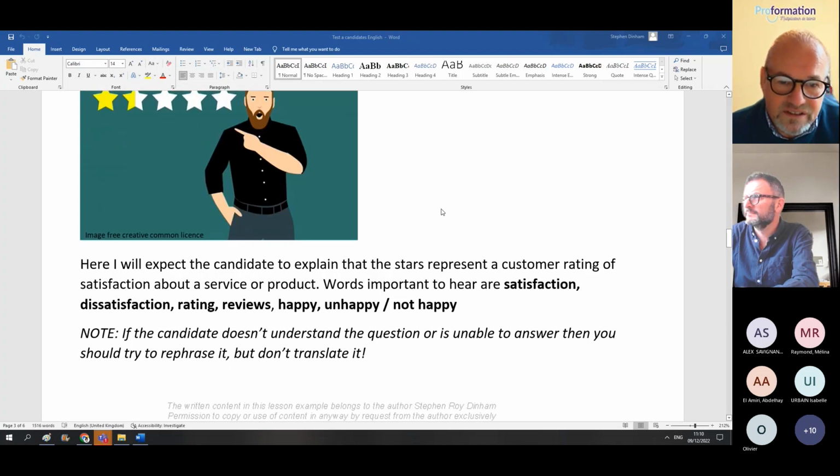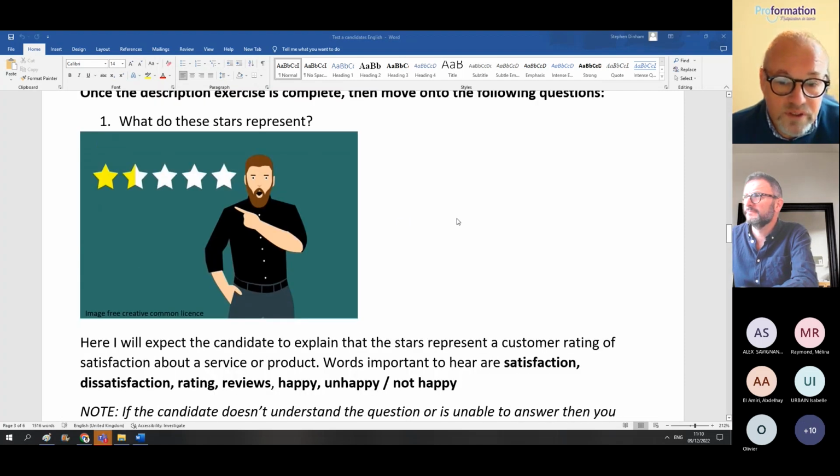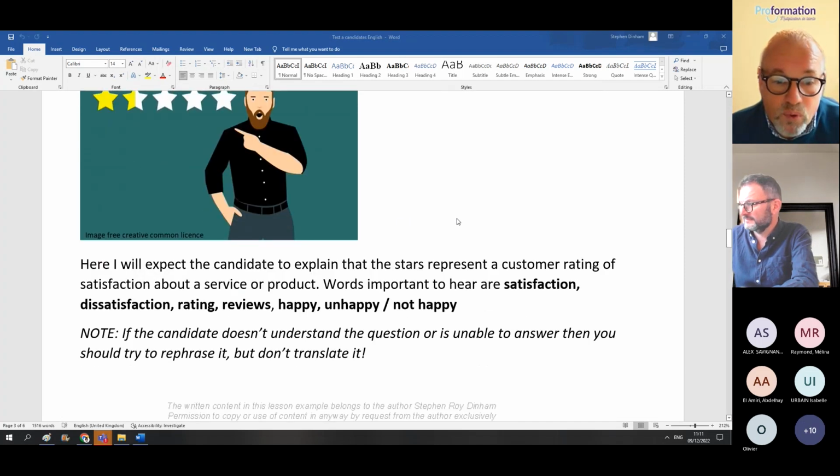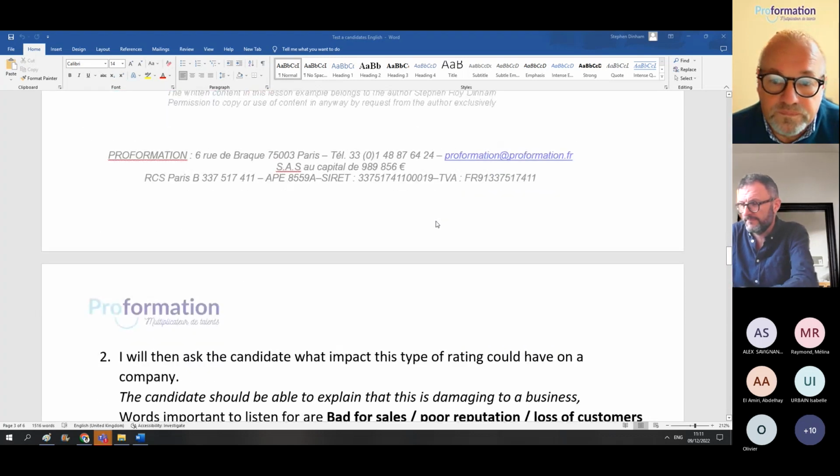Note, if the candidate doesn't understand the question or is unable to answer, then you should try to rephrase it, but don't translate it. Ask the question again in a different way. But these type of adjectives or words that we're going to listen for are important to understand that your candidate can converse in English with the customer.